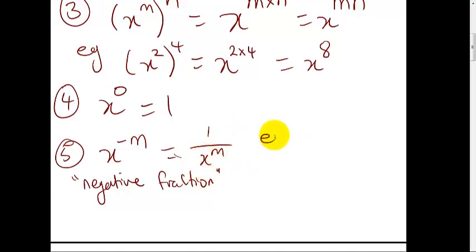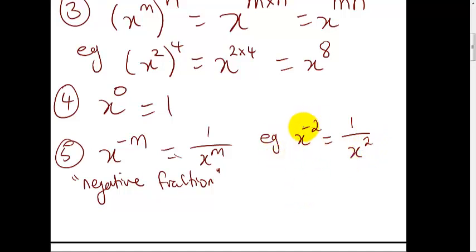For example, if I have x to the power of negative 2, it's going to equal 1 over x to the power of, but it's minus 2 already, we're changing it. We want to make it positive, so it's going to be x to the power of 2.